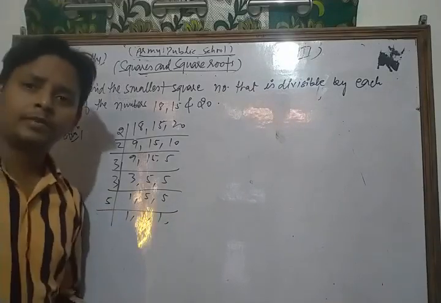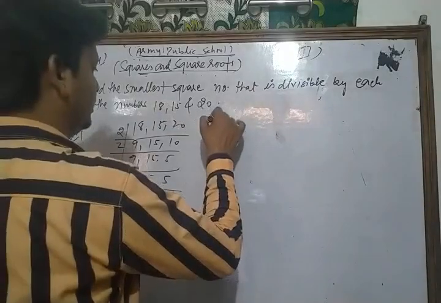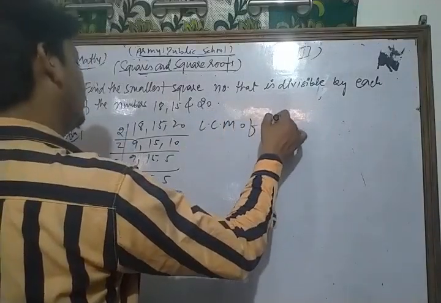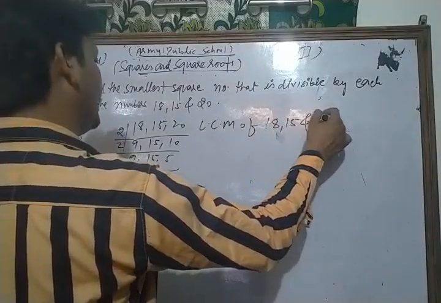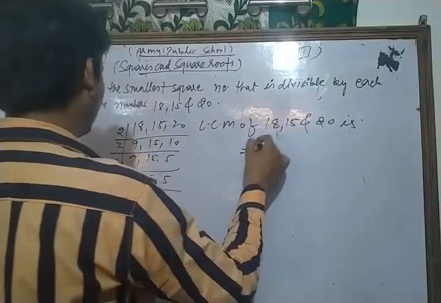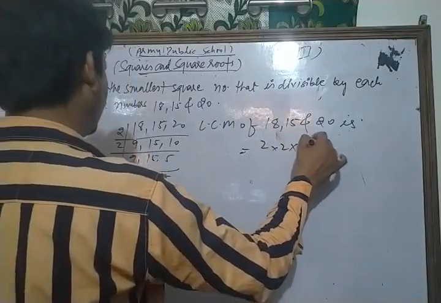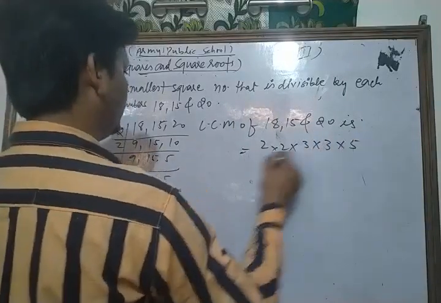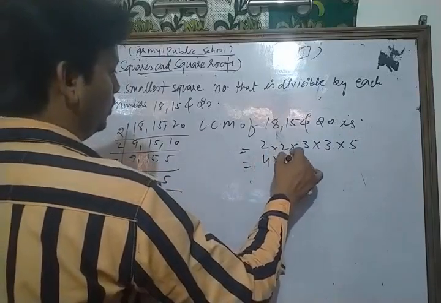So in this way the LCM of 18, 15 and 20 is what? 2 into 2 into 3 into 3 into 5.